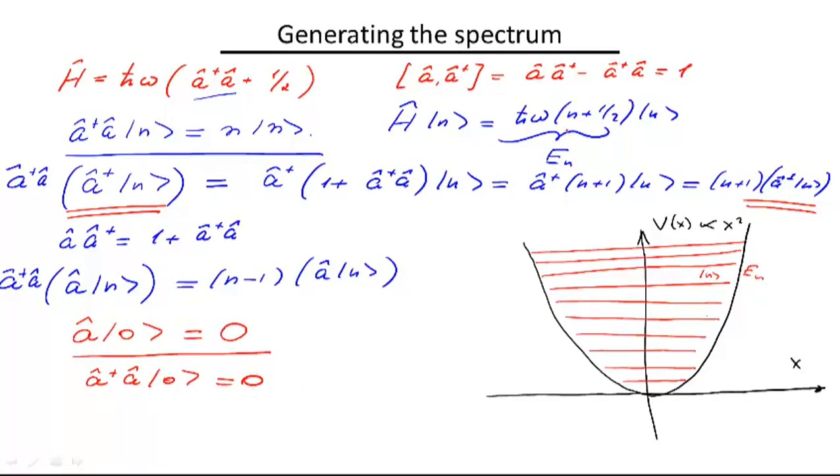Or using this result, the energy of the ground state is equal to h omega over 2, which is the so-called vacuum energy of the harmonic oscillator. But this is really important, and this tells us that this is the property of the ground state.